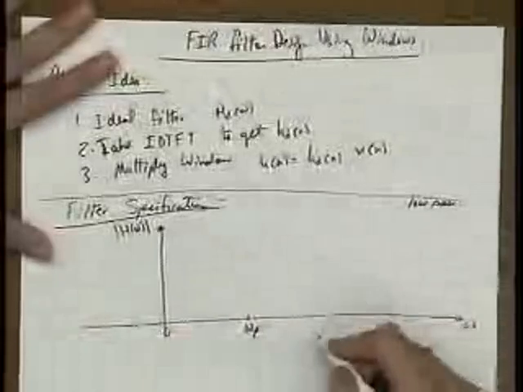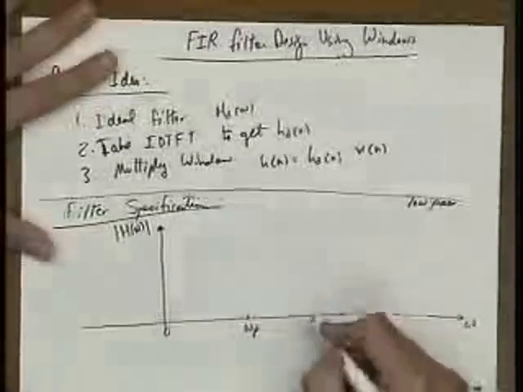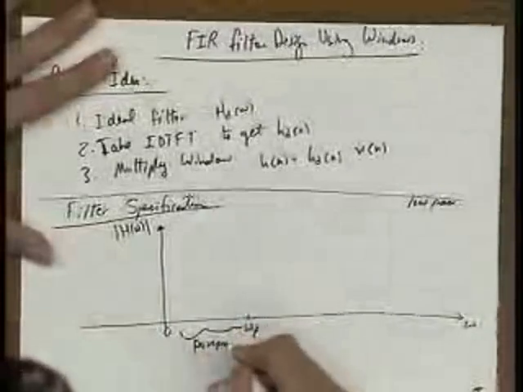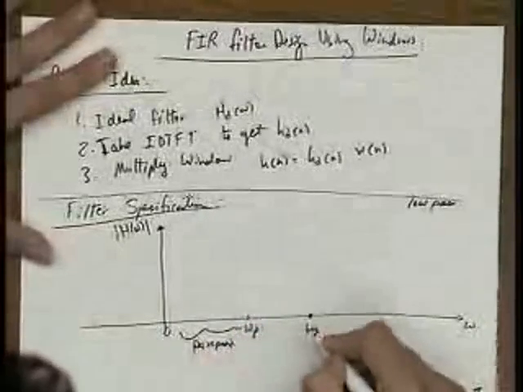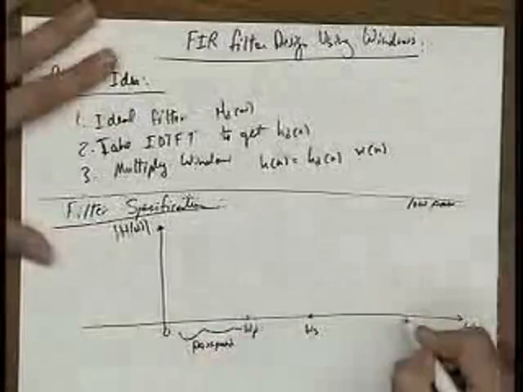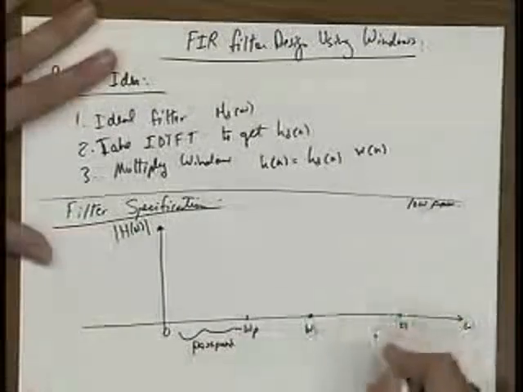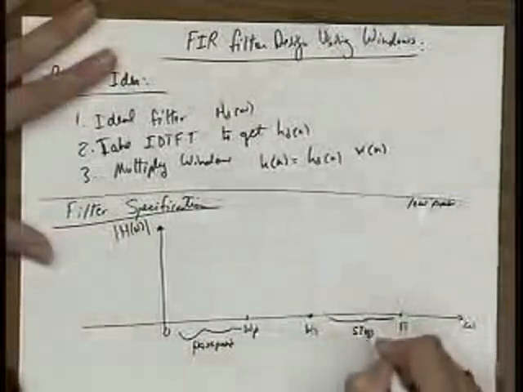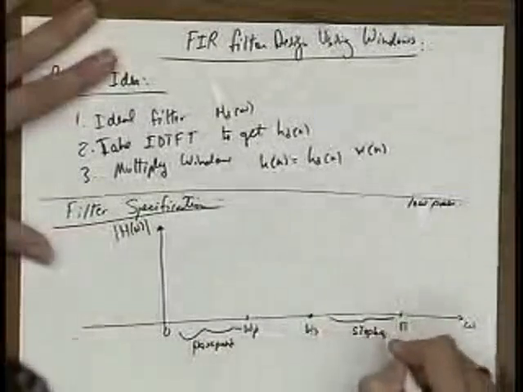And this is called the passband. Then you have to say that from some other frequency, omega s, onwards all the way to pi, we're going to stop a bunch of frequencies. And this is referred to as the stop band.